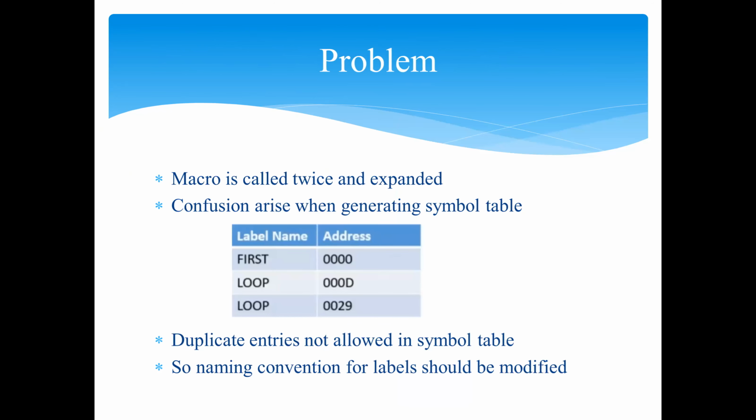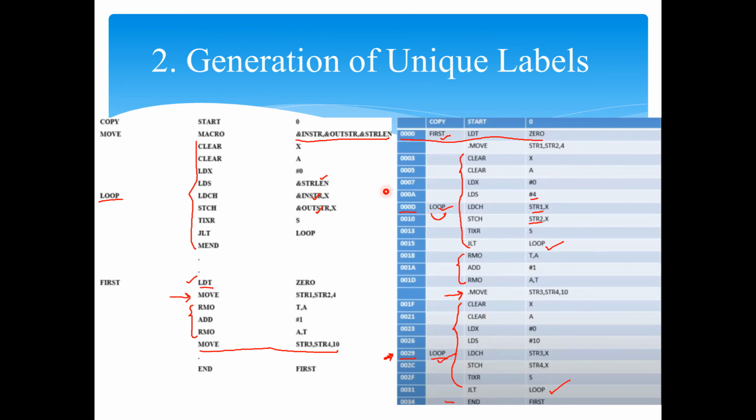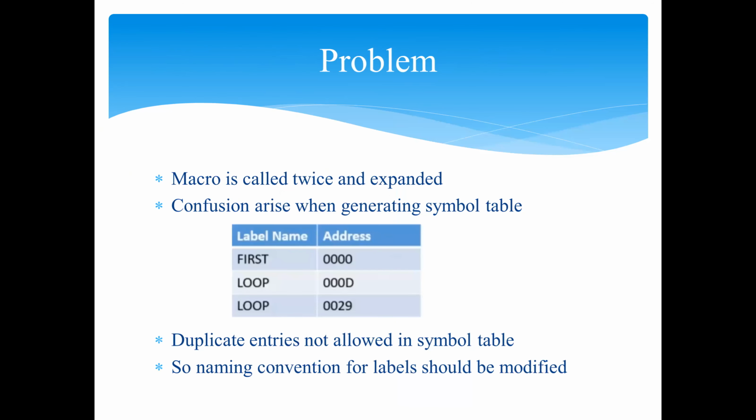So why did this problem arise in the first place? Because the macro was invoked twice and expanded. If the macro is expanded only once, then we do not have this problem. But if the macro gets expanded more than once, we'll have this problem. So confusion will arise when generating the symbol table.